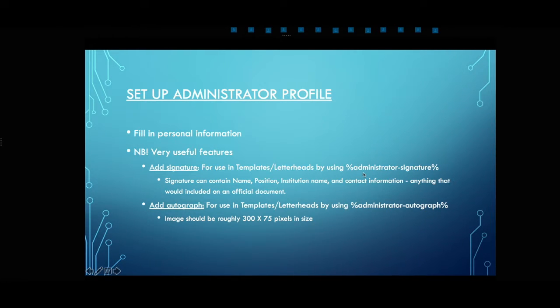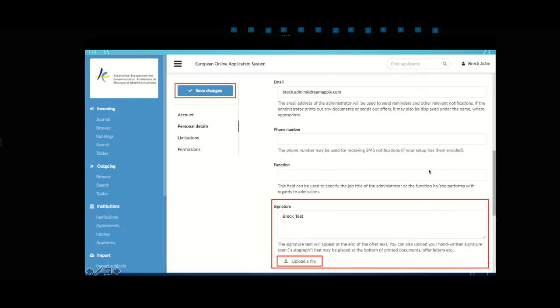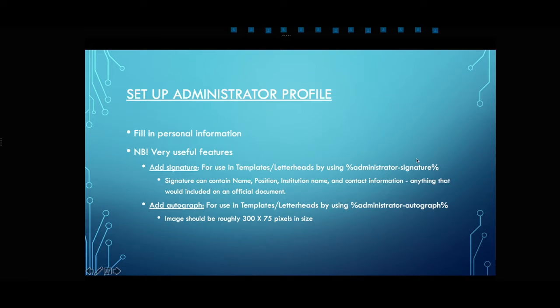If someone puts some text in the administrator signature box, the system will retrieve that information and place it back into this area right here. So that's really useful for your letterheads going forward.